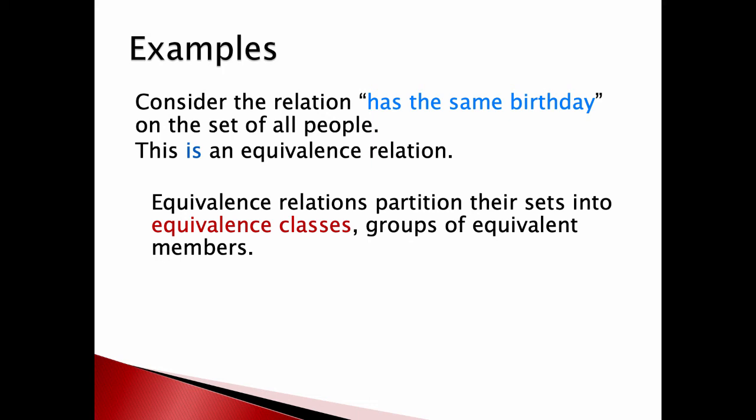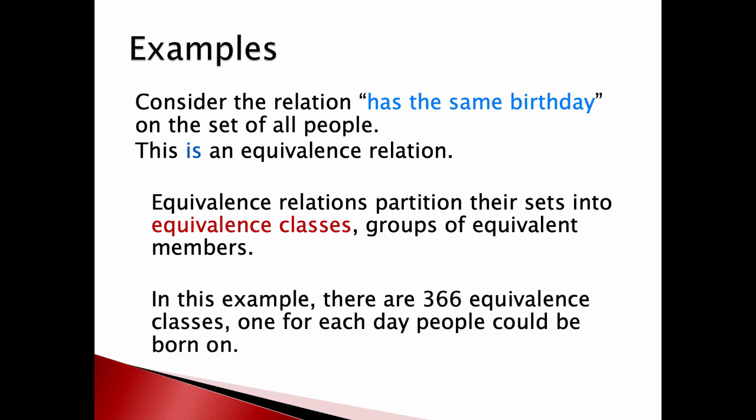Well, there's 366 different possible days in the calendar if you count leap year. So there are 366 possible days I could have had my birthday on, and everybody with the same birthday is equivalent to me. So what this equivalence relation does is it takes all of the people and partitions them up into 366 equivalence classes based on their birthday.